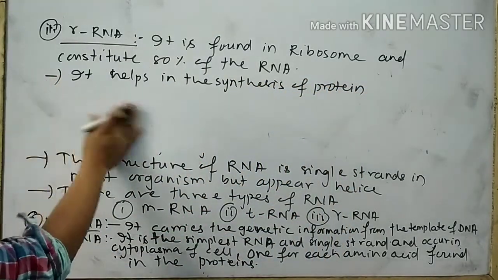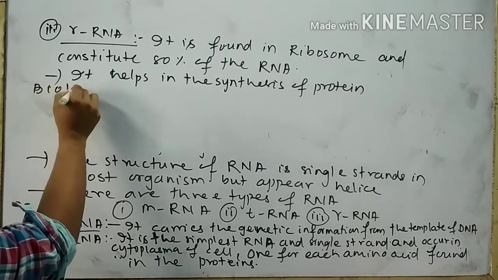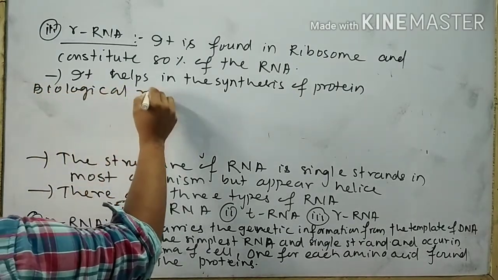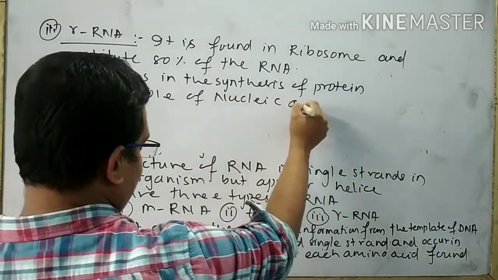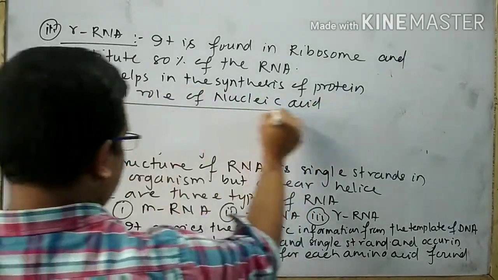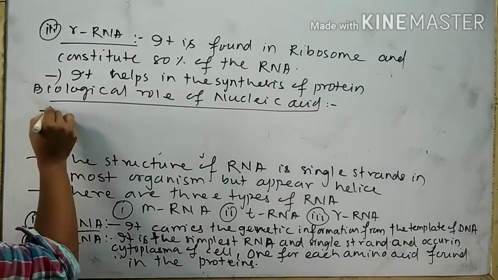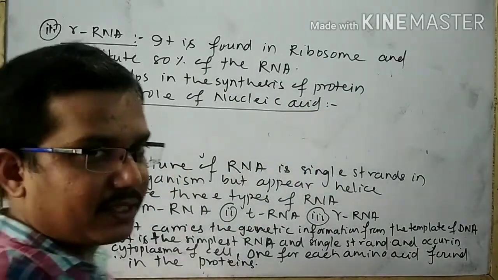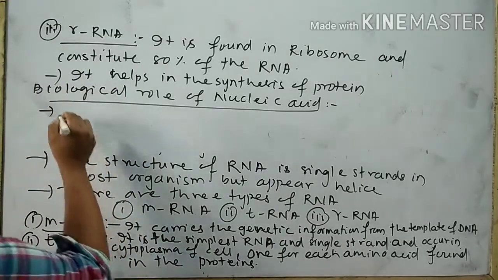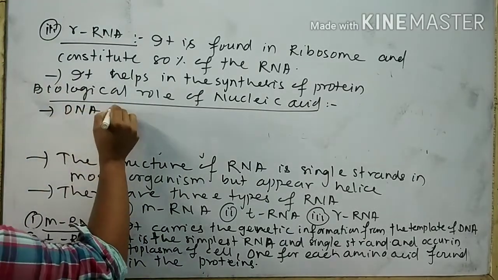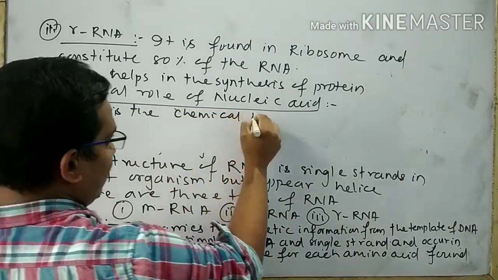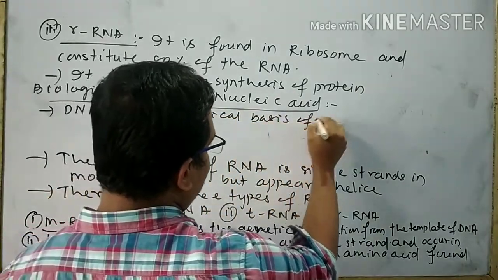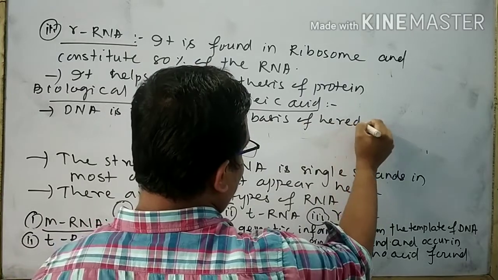Next I will discuss the biological role of nucleic acid. First point: DNA is the chemical basis of heredity. So you can write: DNA is the chemical basis of heredity.